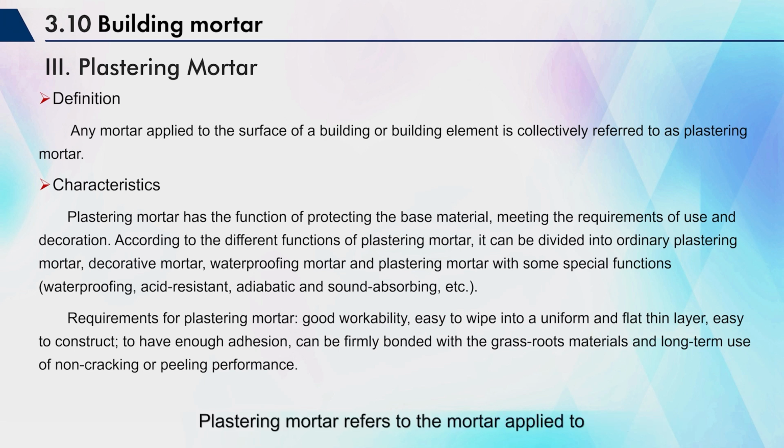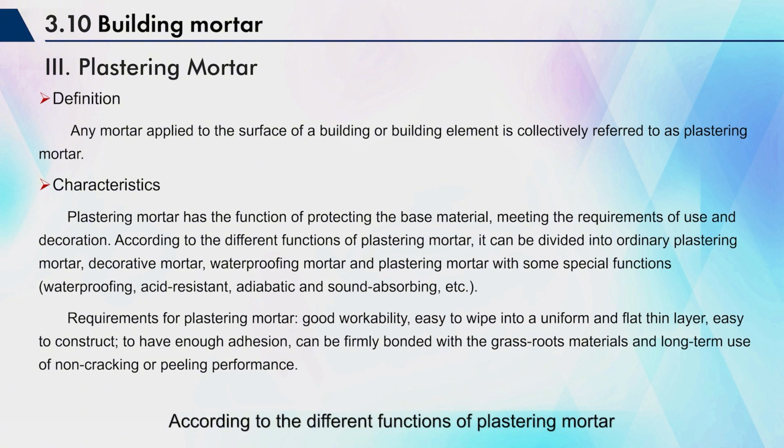Plastering mortar refers to the mortar applied to the surface of buildings or building components, collectively referred to as plastering mortar. Its characteristics include the ability to protect the base material, meet usage requirements, and have decorative effects.